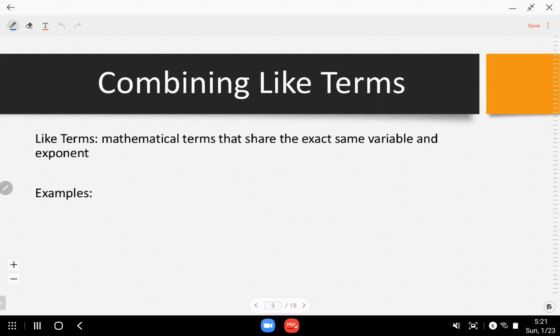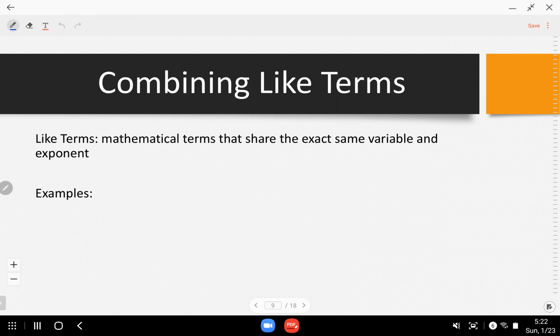All right, so let me go on to the next subject for today, which is combining like terms. So what are like terms? The definition of like terms are mathematical terms that share the exact same variable and the same exponent, all right? So can anybody give me some examples of like terms?